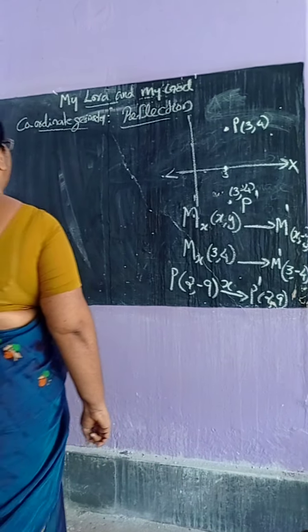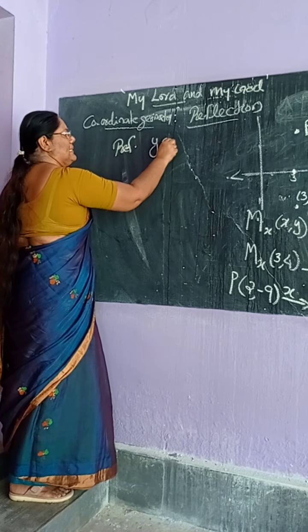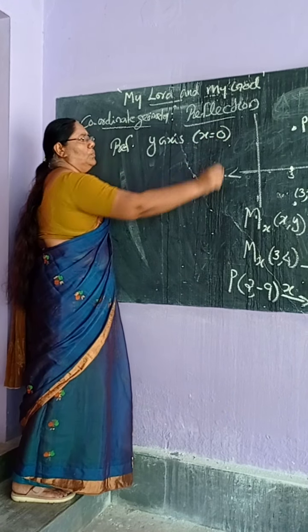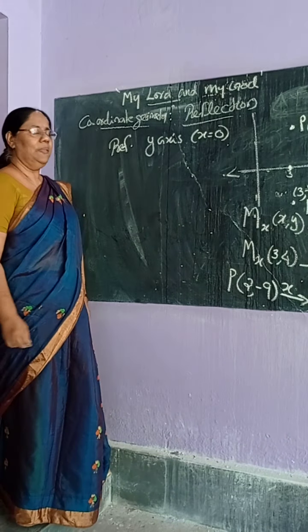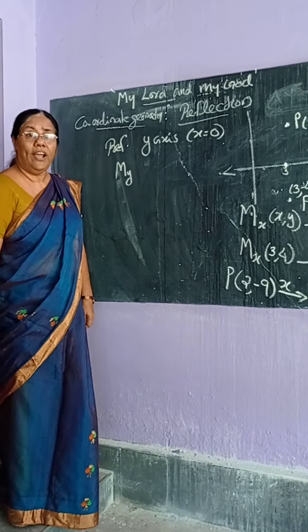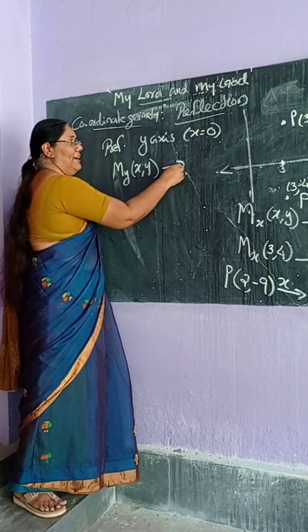Then second heading is reflection through the y-axis. Y-axis means x equal to 0. Y-axis means we write My, (x, y). Then can you say what is the answer?